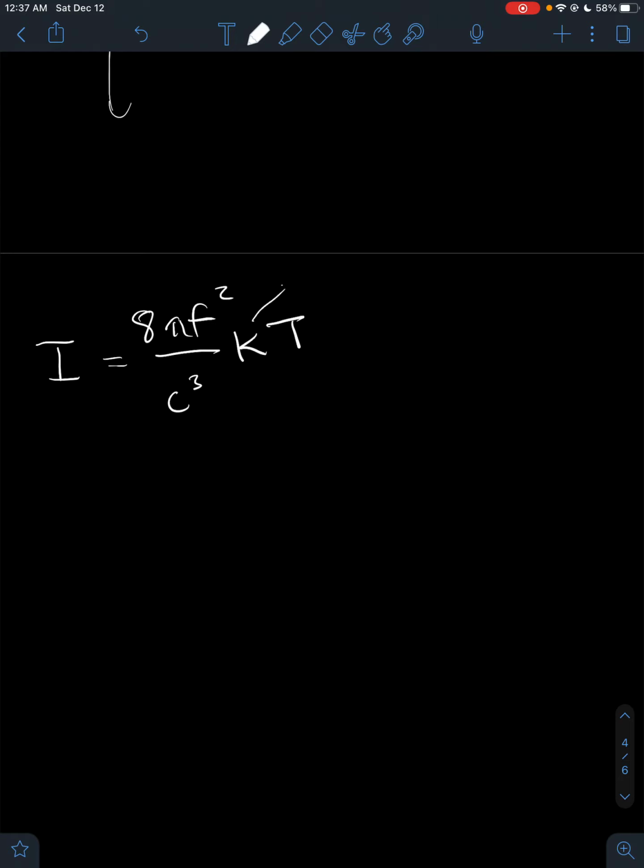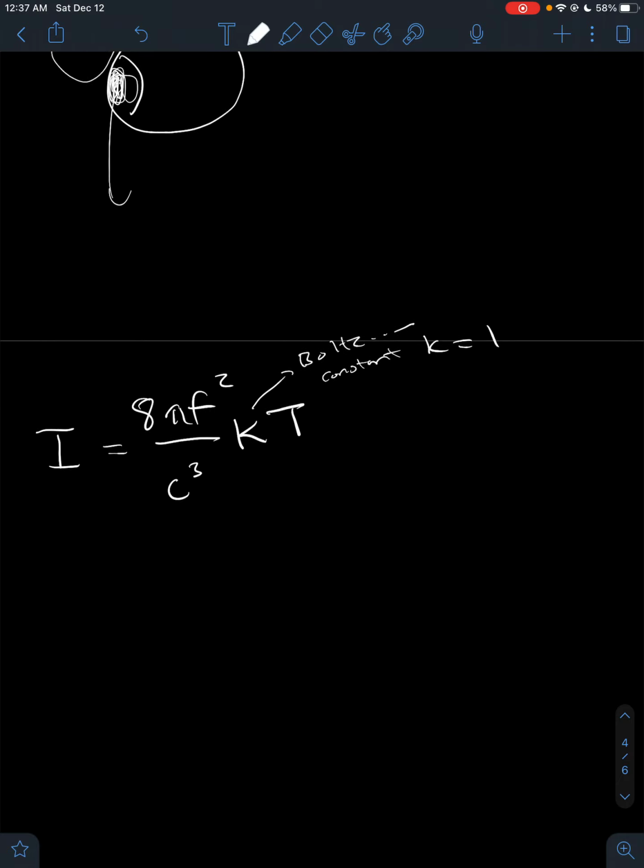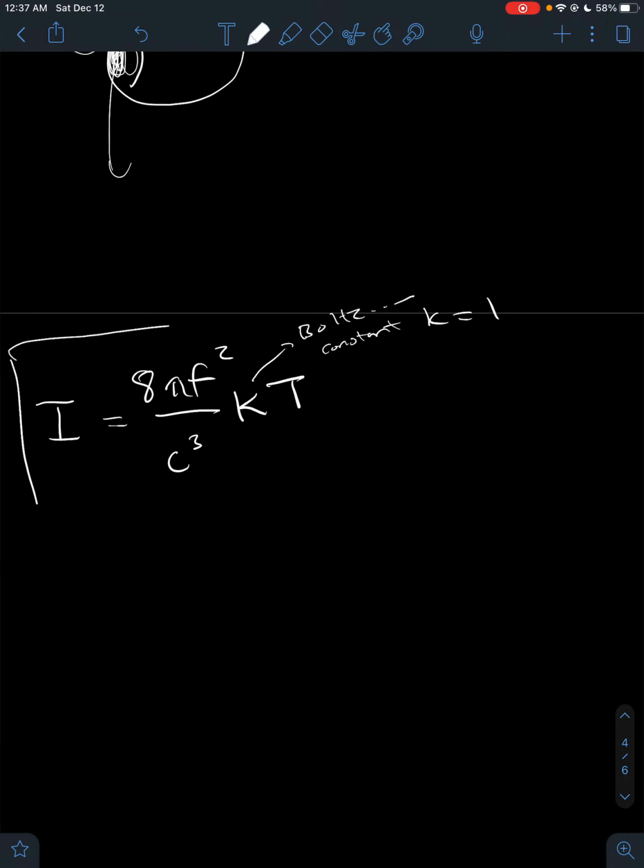And k is the Boltzmann constant. For our purposes, let's just pretend that A equals 1. We can just change the units so that the value is 1. So that's our formula for the intensity of light emitted from a black body.